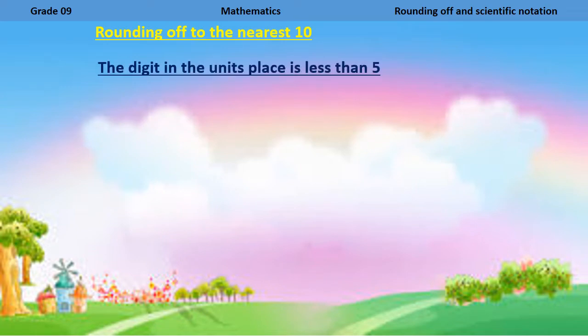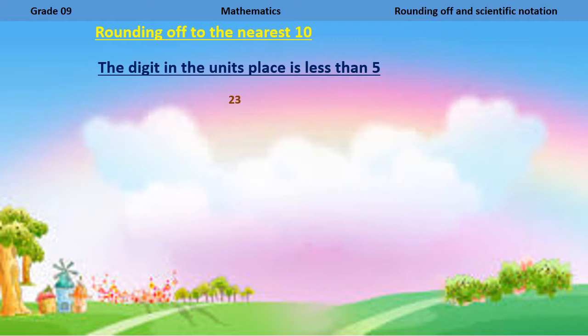When we round off a number to the nearest 10, we consider the digit in the units place. Let's see what happens when the digit in the units place is less than 5. Look at this example, 23. Here 3 is the digit in the units place and it's less than 5.